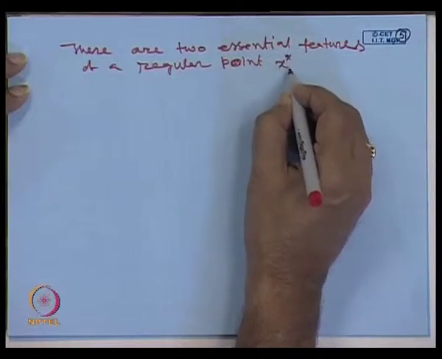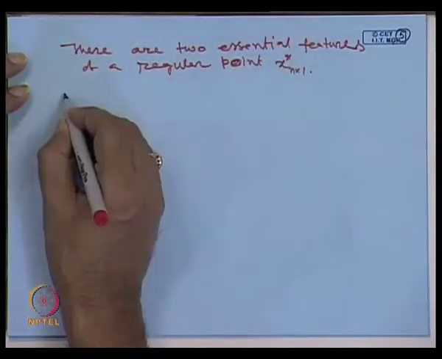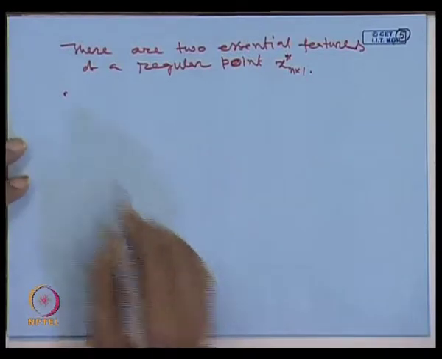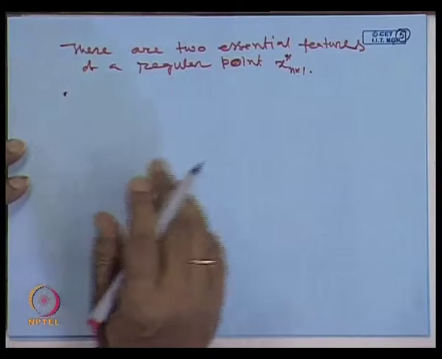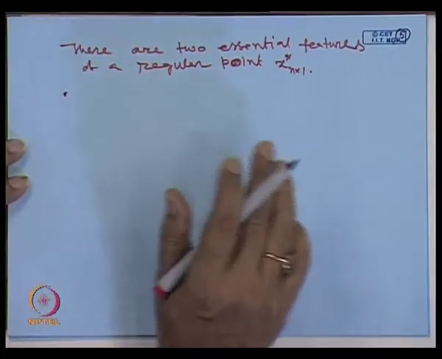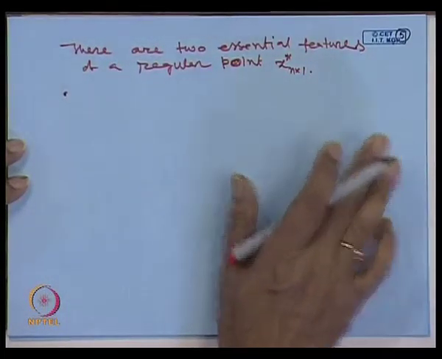x star, whose dimension is n cross 1. The first point is that this regular point must satisfy all constraints.